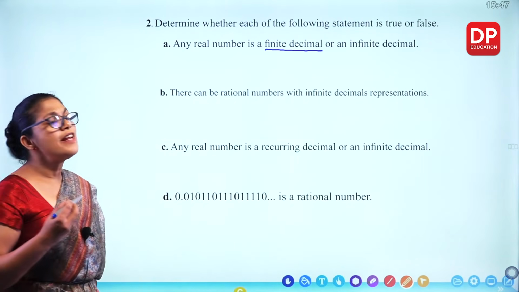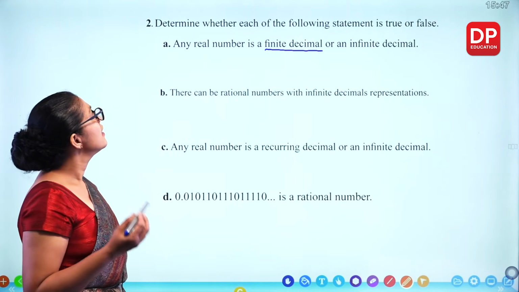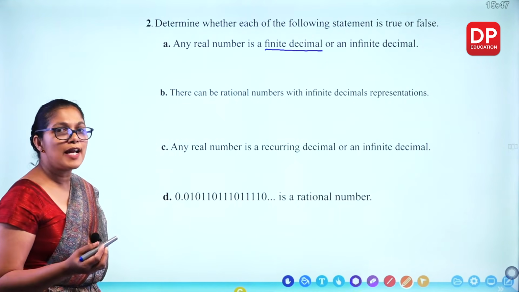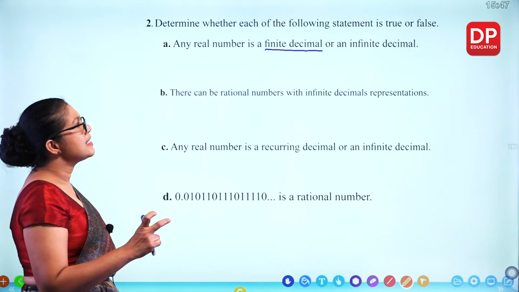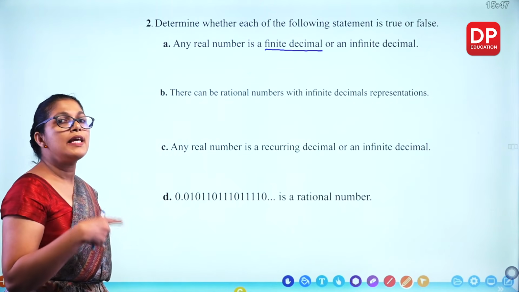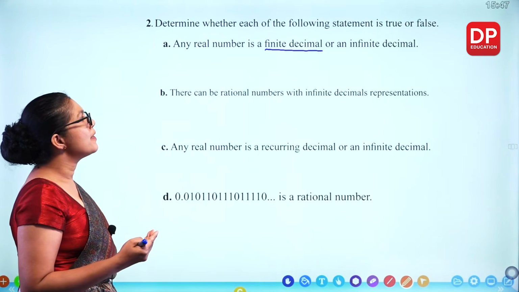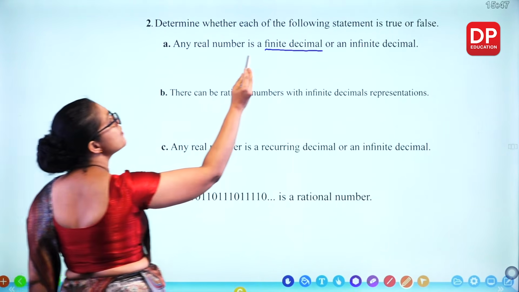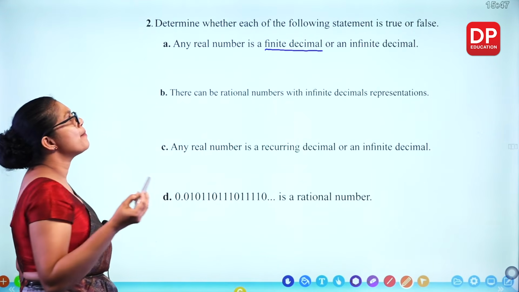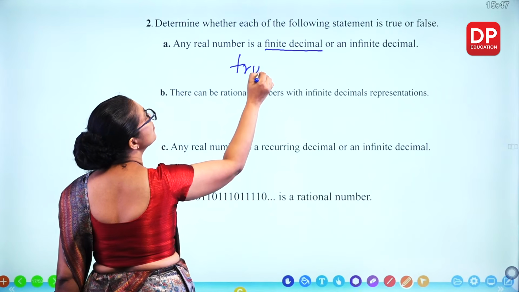Infinite means either a recurring decimal or an irrational number. So both rational and irrational numbers are real numbers. So this statement is true.